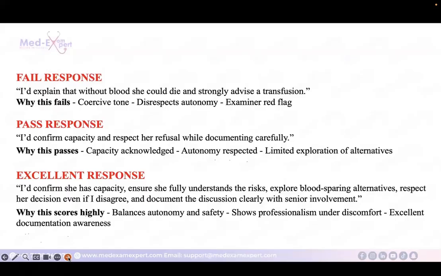The excellent response would be that you confirm her capacity, ensure she fully understands the risk, explore blood sparing alternatives, respect her decision even if you disagree, and document the discussion clearly with your senior involvement. Why is this excellent? Because of the balance of autonomy and safety, and showing professionalism under discomfort, and excellent documentation awareness.